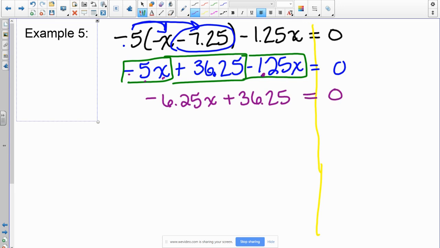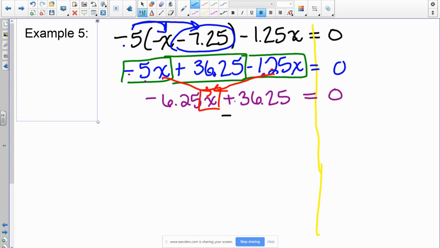And now we're going to start our inverse operations to get to x by itself. And notice now, since we combined the like terms above to get this negative 6.25x, now I only have one set of x. So I just have to deal with getting that by itself. So the first thing, remember, is to do the operation that's not attached to the x.